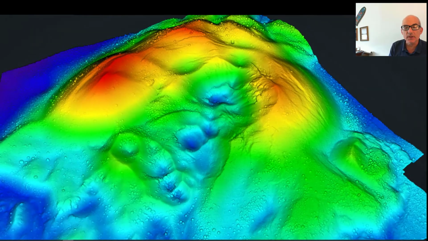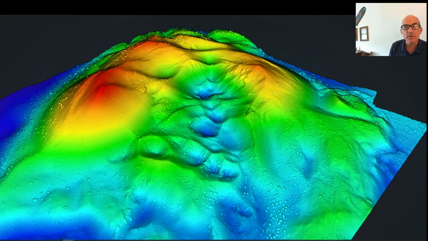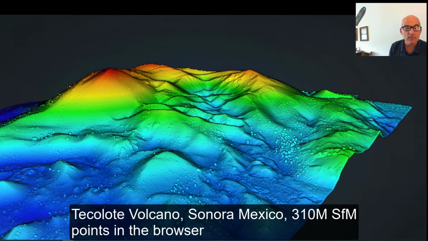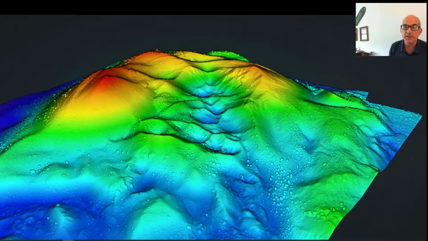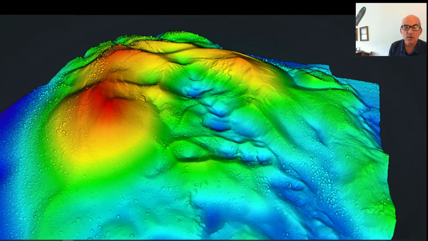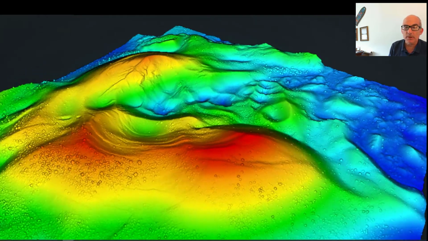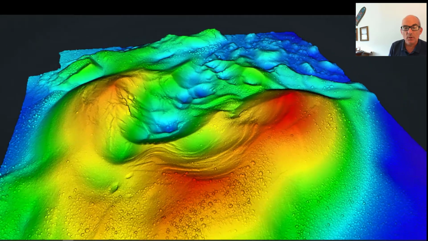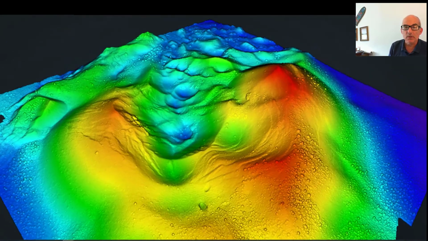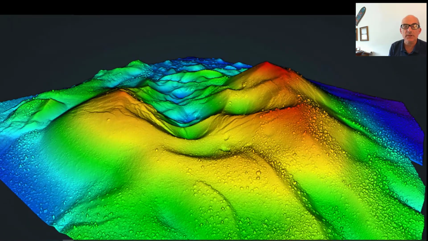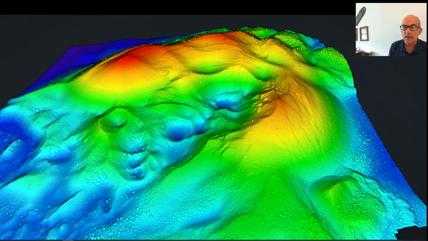Moving on, here's another really interesting project we've worked on. This is a point cloud that was rendered in the browser, and it shows us the topography. This is about a kilometer in scale over a volcano in northern Mexico, just south of the US-Mexico border. It's called the Tecolote volcano, and I've been working with Professor Amanda Clark to understand what's going on here.